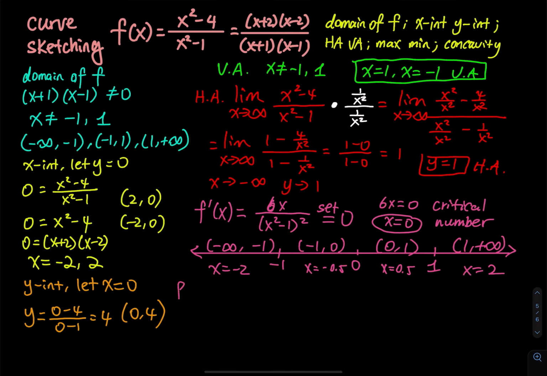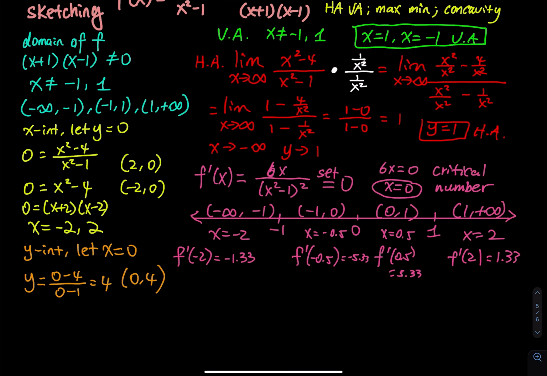So f prime of -2, f prime of -0.5, f prime of 0.5, and the last one is f prime of 2. You plug it in and evaluate. That is -1.33, this is -5.53, this is positive 5.53, and this is positive 1.33.